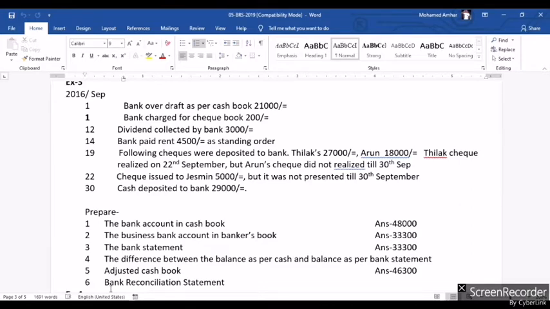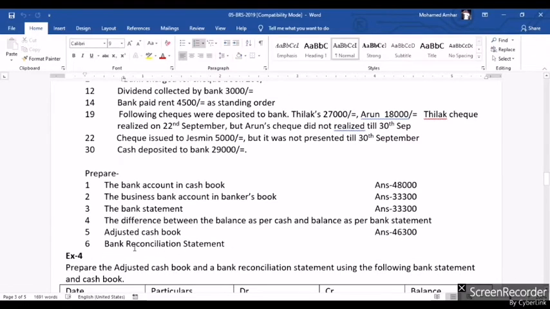Exercise number 3 asks you to prepare: first, the bank account in the cash book; second, the business bank account in the banker's book; third, the bank statement; fourth, the differences between the bank balance as per the cash book and the balance as per the bank statement; fifth, the adjusted cash book; and sixth, the bank reconciliation statement.